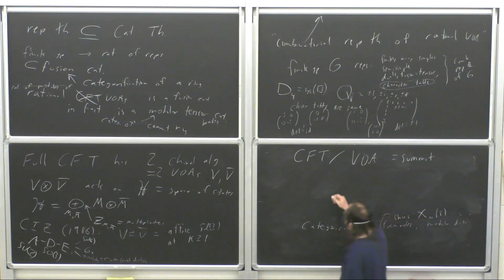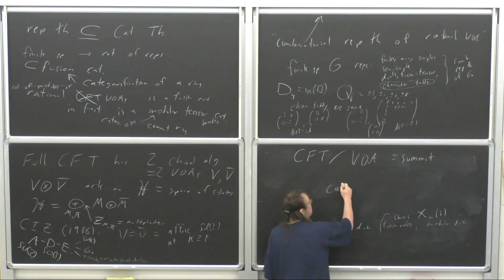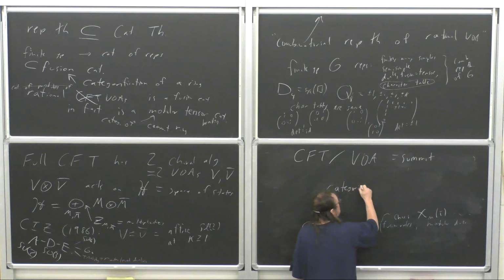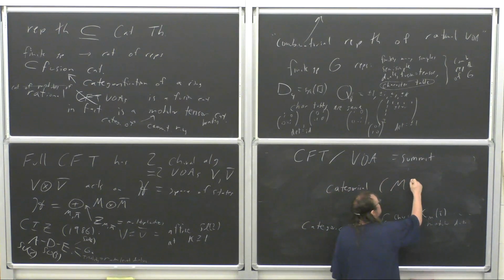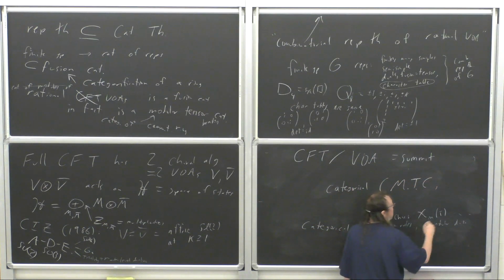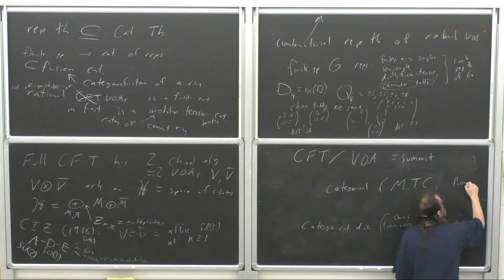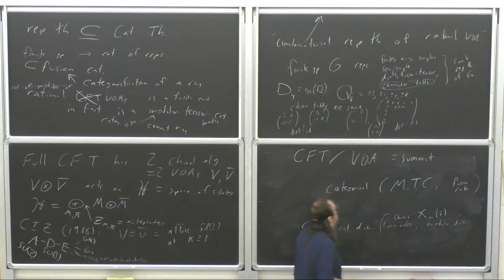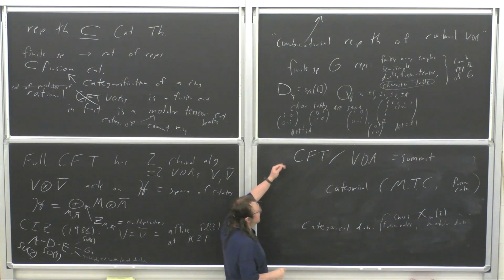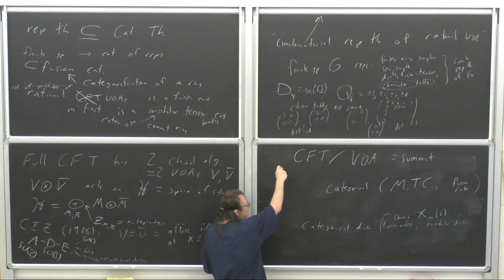In the middle, we have our categorical stuff. So our modular tensor category, perhaps our category of defects that are acting on our thing, and equivalent stuff. And so this is in level of sophistication.